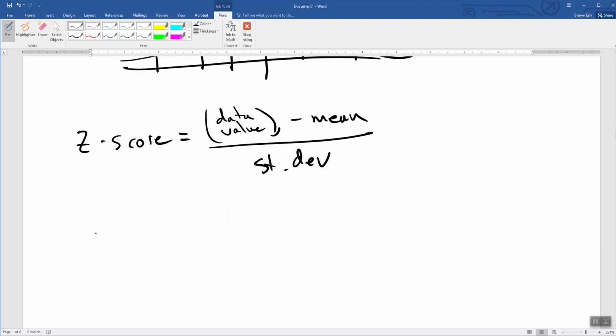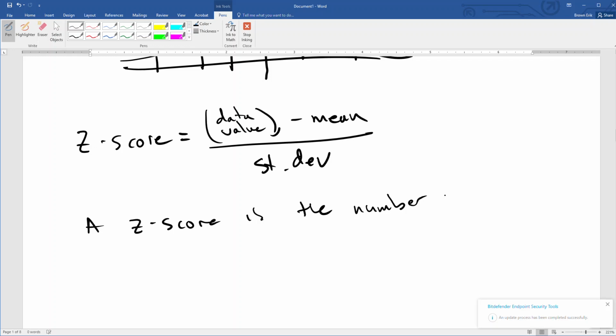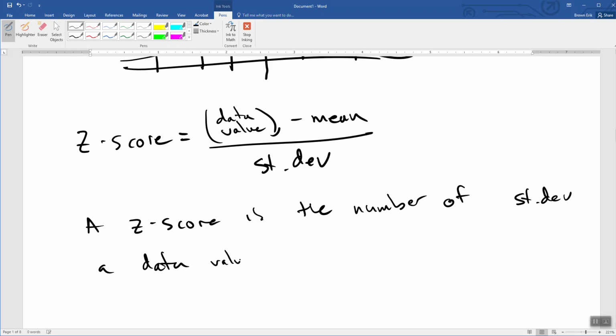So remember, a z-score is the number of standard deviations a data value is away from the mean. That's kind of a confusing definition. Let me try to make it better.